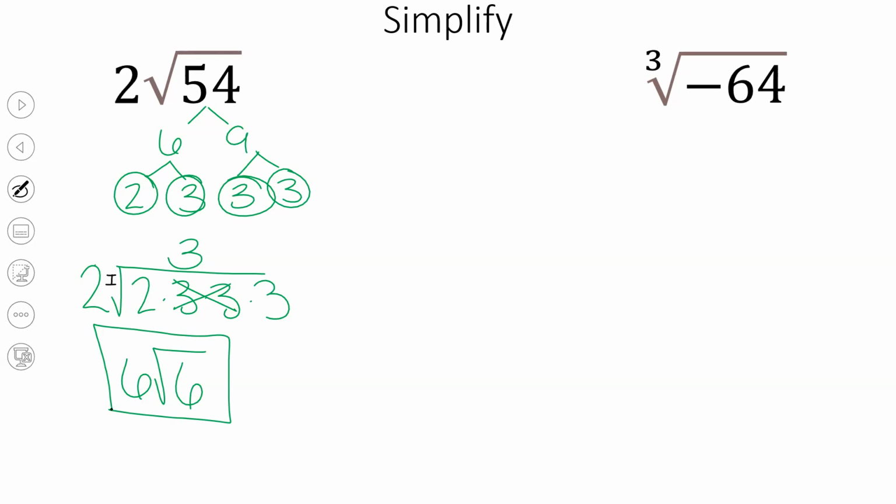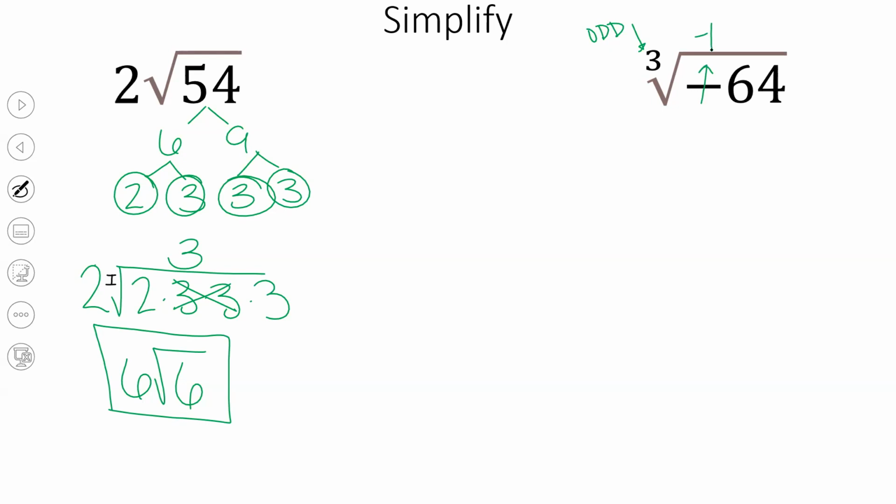Since my index right here is odd, that means my negative just comes outside. If it was even, then what would happen to my negative? It turns into an i. Okay? So this negative is just going to come straight outside.